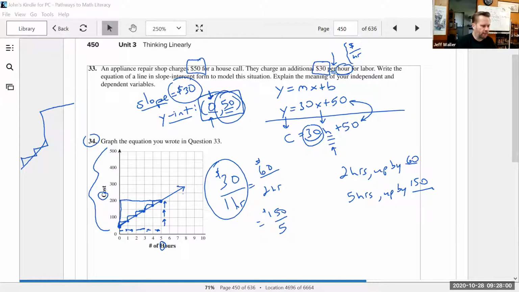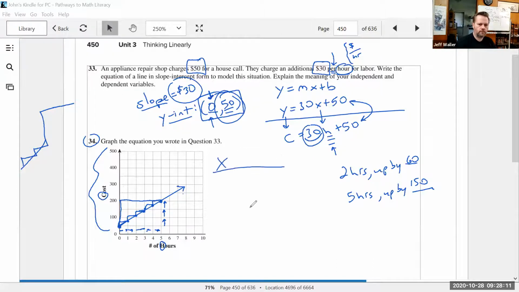Let's verify what we just did. Why not? Let's make a table of values. So 0 is 50. We knew that already. What's 1? What would I get if I put 1 hour in there? 80.